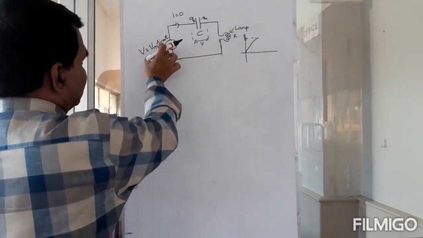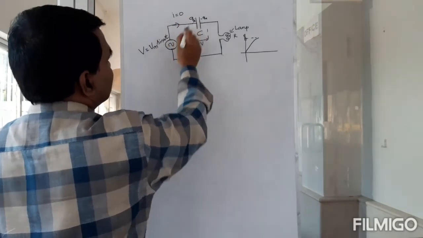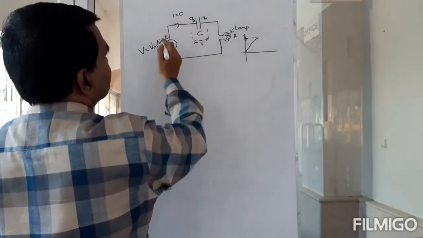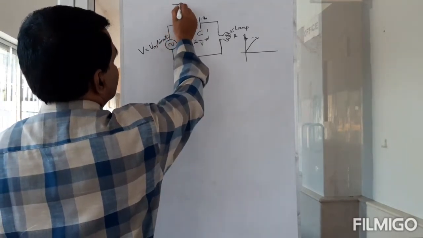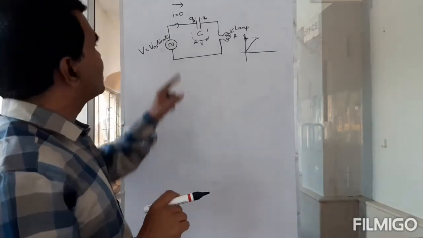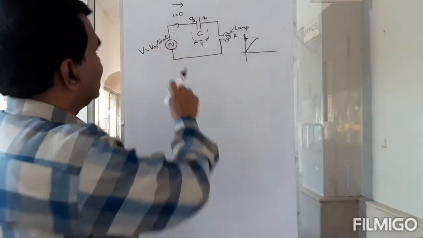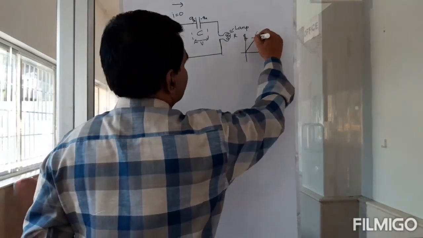Now what is happening here? As it is charging, in which direction does the current flow? This direction, because the charge will have to flow, right? The charge will have to flow. Now the current was flowing in this direction as it was charging. Now this voltage has reached its peak. So I'll say this is the capacitor voltage.